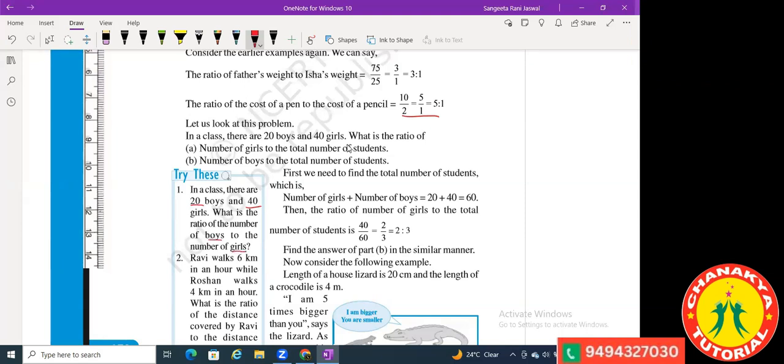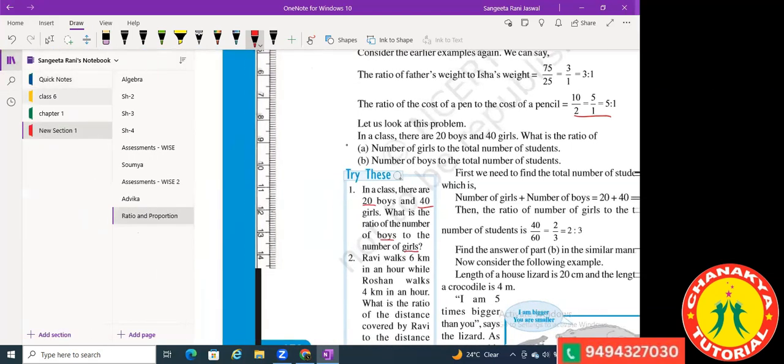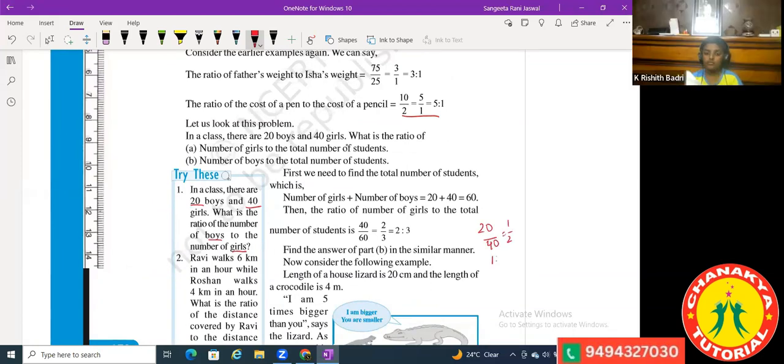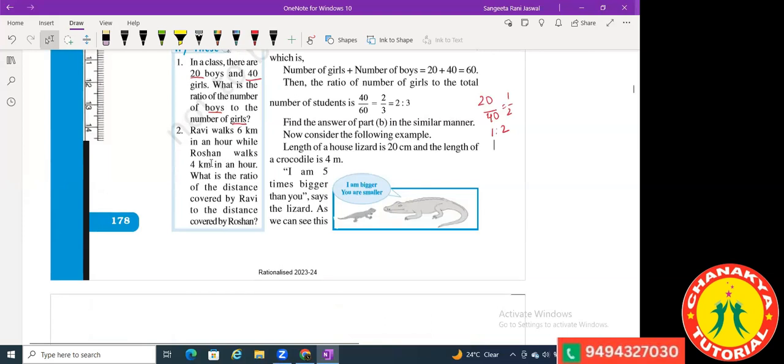Whichever thing is written first, you have to take in the numerator. So that's 20 by 40, so that's 1:2.